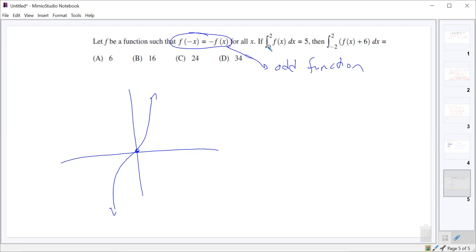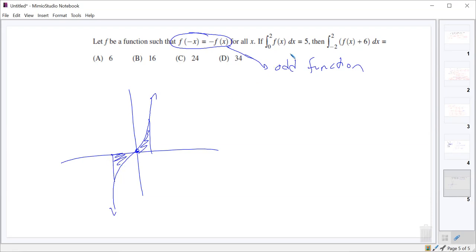So if we're looking at the integral from 0 to 2 of f of x is 5, then what should that tell us about the integral from -2 to 0 of f of x? Should be a -5, right? This piece should cancel out with this piece.